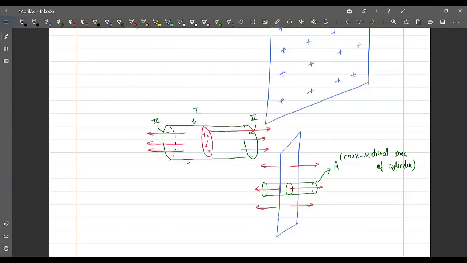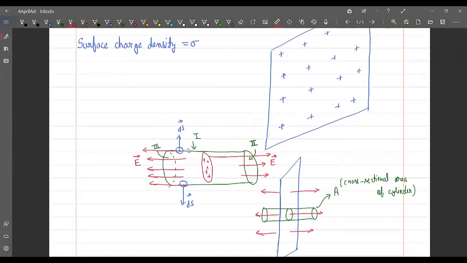Now, on the curved surface, if you observe, the electric field is along the surface. And on the curved surface, if you draw a ds, it will be like this. Ds vector will be like this. But your electric field is away.